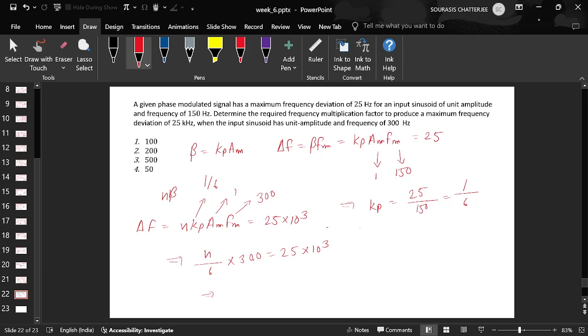So this 10 to the power 2 will go away, so you'll have 250 here, and you have 3 and 2 here, so n is equal to 250 into 2, that is 500. So your required multiplication factor needs to be 500 to have a maximum frequency deviation of 25 kilohertz when the input sinusoid, that is the message signal, has unit amplitude and frequency of 300 hertz.